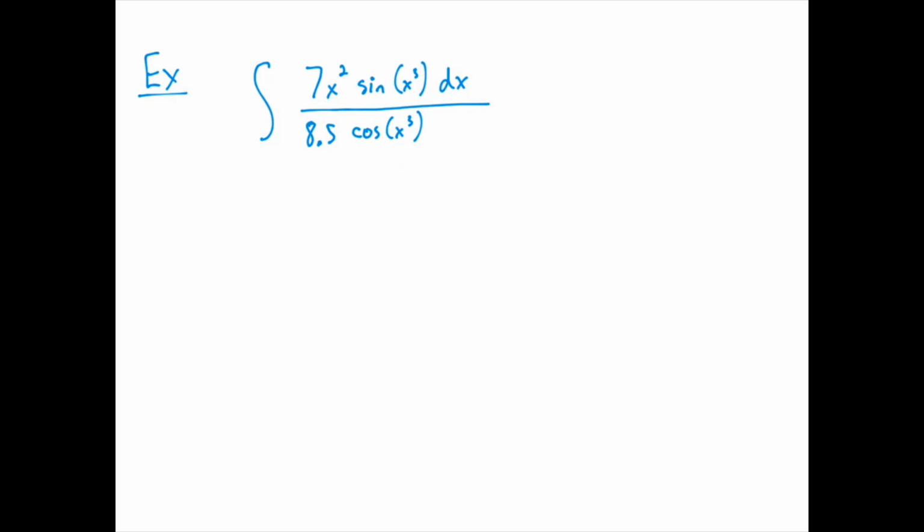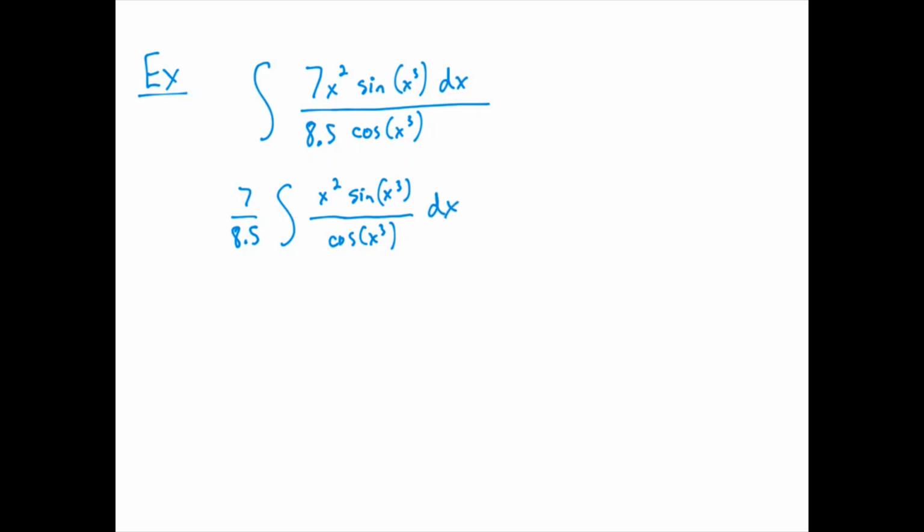And our last example here, we have 7x squared sine of x cubed dx all over 8.5 cosine of x cubed. What I'm going to do again is I'm going to factor out those coefficients. So I have x squared sine of x cubed divided by cosine of x cubed dx.